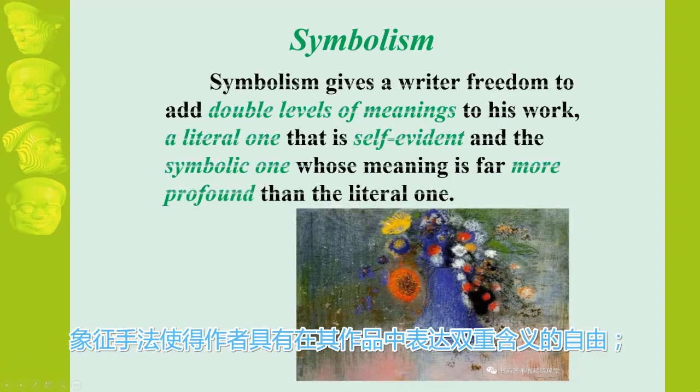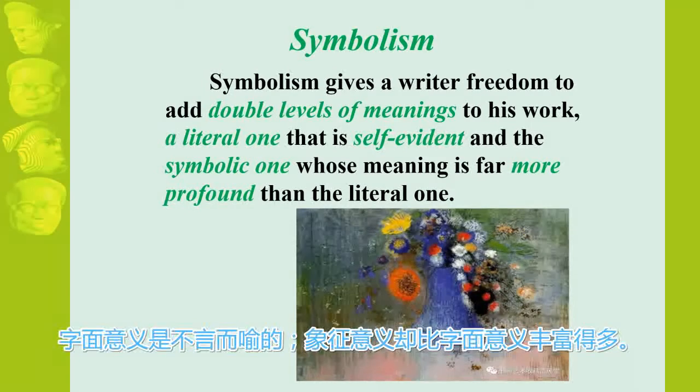Symbolism gives a writer freedom to add double levels of meaning to his work. A literal one that is self-evident, and the symbolic one, whose meaning is far more profound than the literal one.